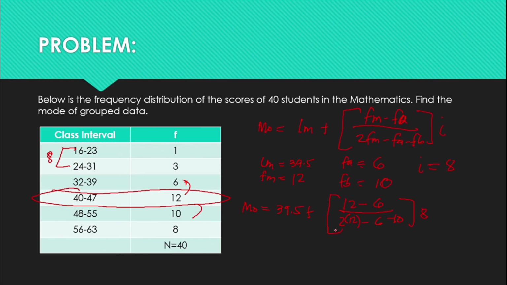By use of your calculator, our MO is 45.5. So the rough estimation of the mode is 45.5. This is how to find the mode for the group data.